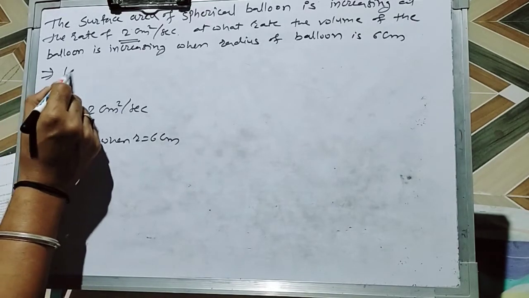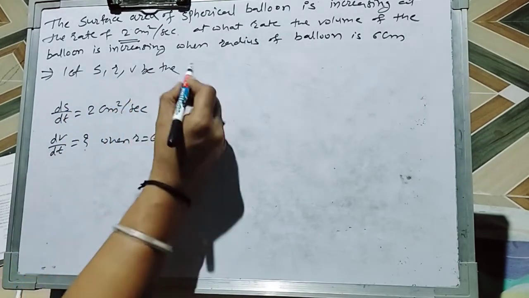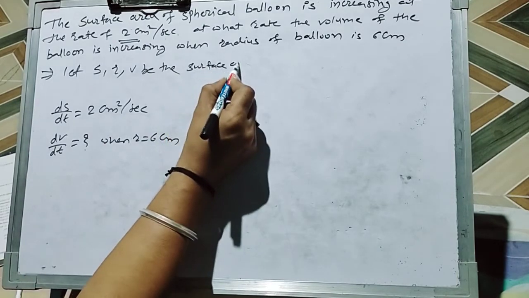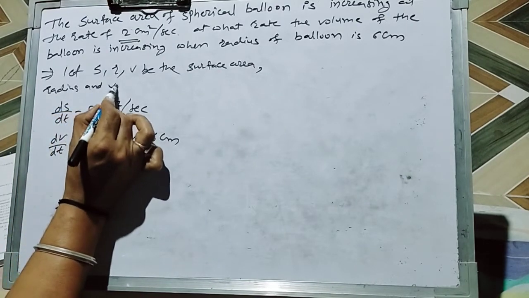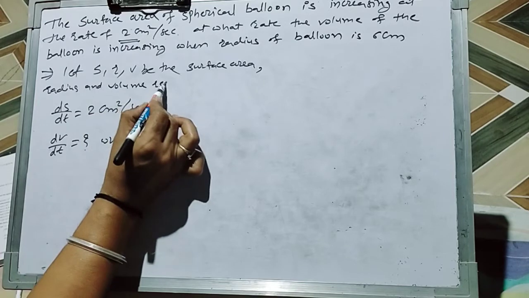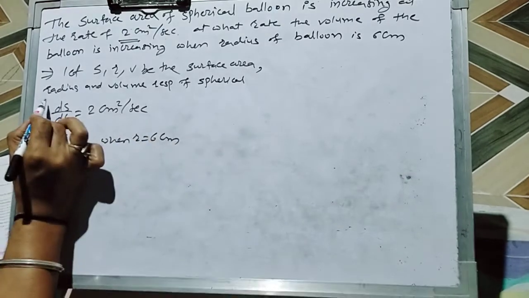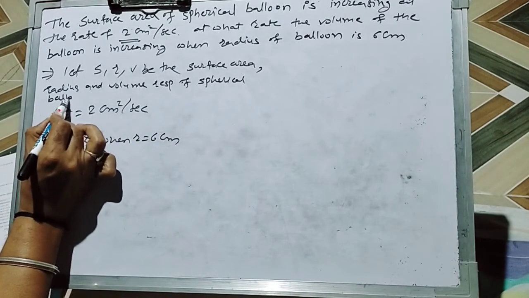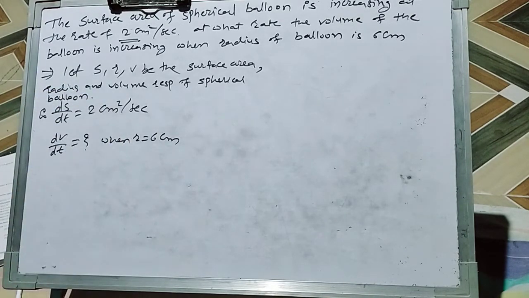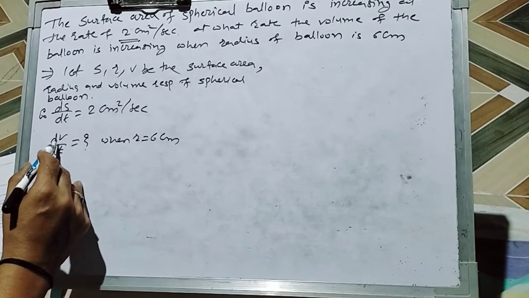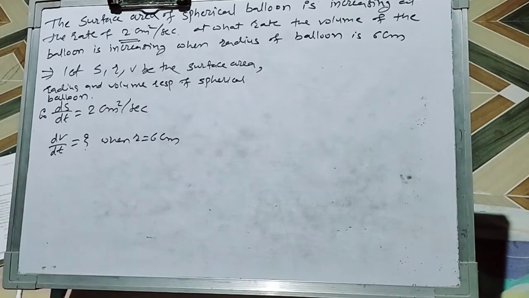So here let S, r, V be the surface area, radius and volume respectively of the spherical balloon. So therefore here ds by dt is equal to 2 centimeter square per second, and we have to find dv by dt, the rate of change in volume, whenever r is equal to 6 centimeter.